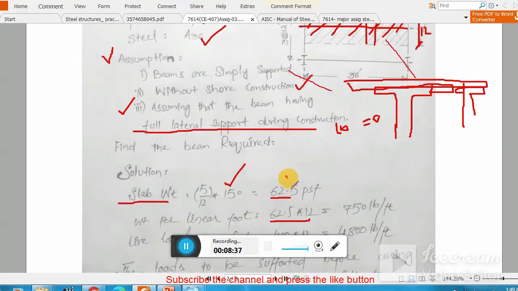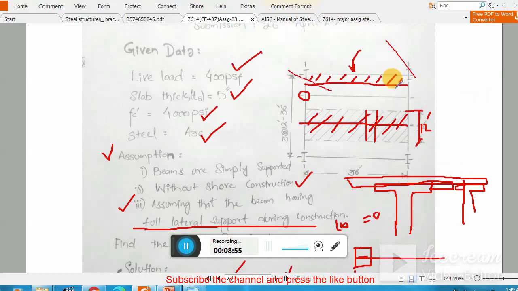So as 62.5 is the per square foot load, remember it is per square foot, and we have to integrate this square foot load for a distance of 12 feet. So that's why we multiply this square foot loading with 12 feet to convert it into a one strip load, okay.